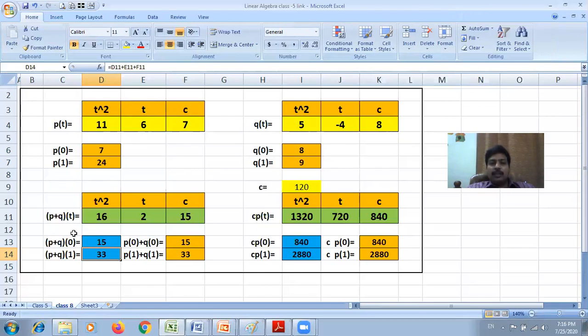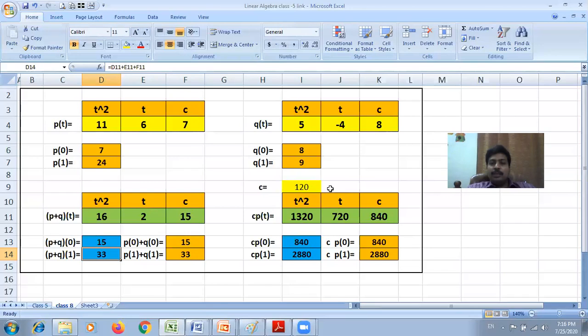Here we can observe that this is the first property. T of u plus v is equal to T of u plus T of v. There is no discount or no loss while transmitting the data. C times T of u is equal to T of Cu.